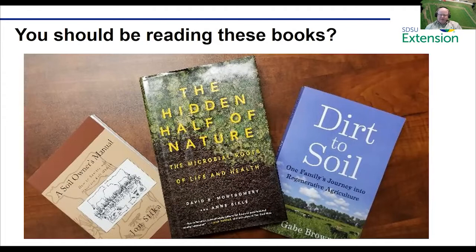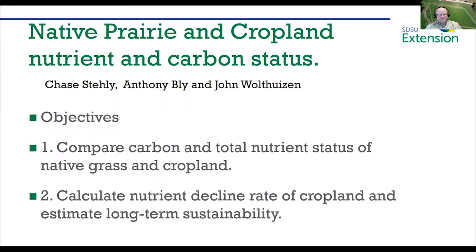First, you should start on the left there with the Soil Owner's Manual by John Sticka, and then move on to The Hidden Half of Nature by David Montgomery, and then eventually work your way to Dirt to Soil by Gabe Brown. Gabe Brown's a farmer from North Dakota, and that's a very thought-provoking text. So just three texts that I think you should be interested in.